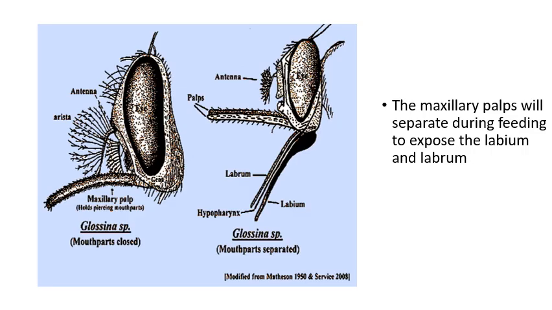If the Glossina is not actively feeding, the maxillary palp will actually cover both the labrum and the labium. But if the Glossina fly or the tsetse fly is actively feeding, the maxillary palps will separate from the labrum and the labium, and the labrum and the labium now will be inserted through the skin of the human host.